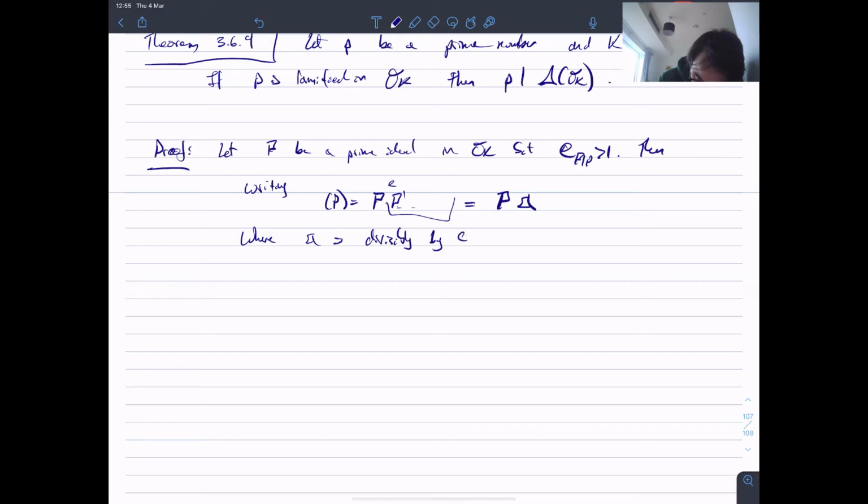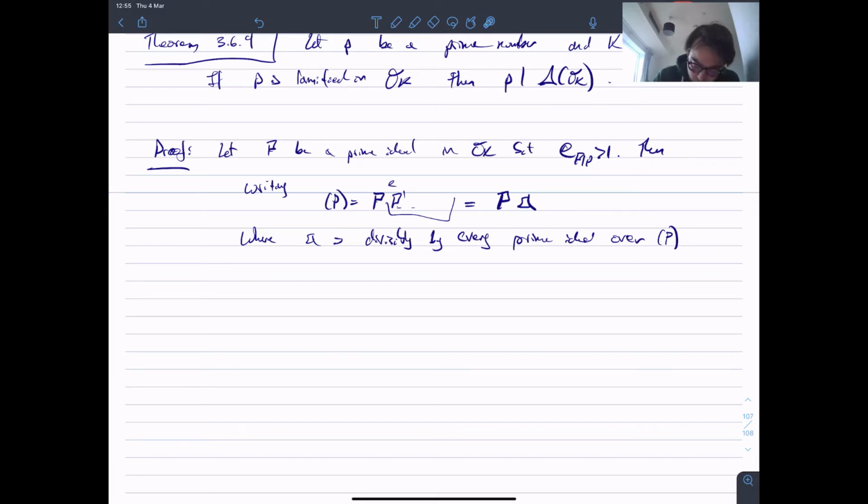by every prime ideal over P. It's divisible by all of these prime ideals over P. All of these ideals contain the ideal P by this division inclusion thing.